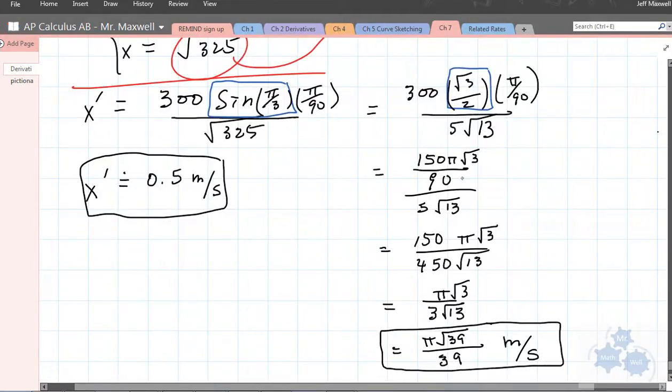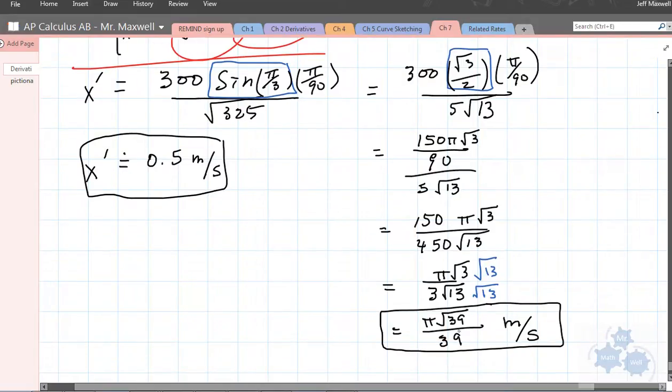With that, you can simplify the radicals. In this last step, multiply top and bottom by root 13, because technically you shouldn't have a radical in the denominator. That's simple form, and the decimal and simple form here are your answers.